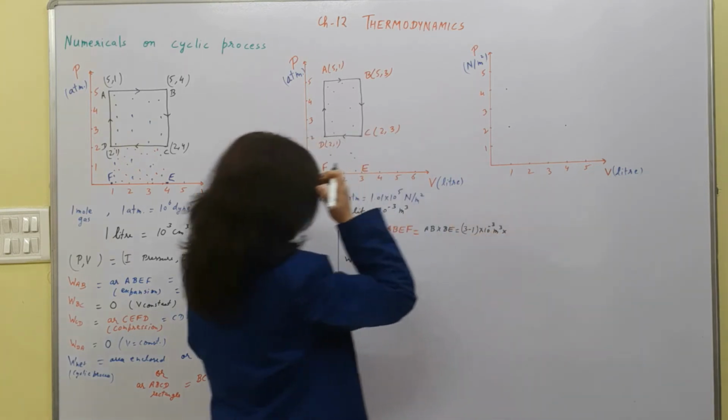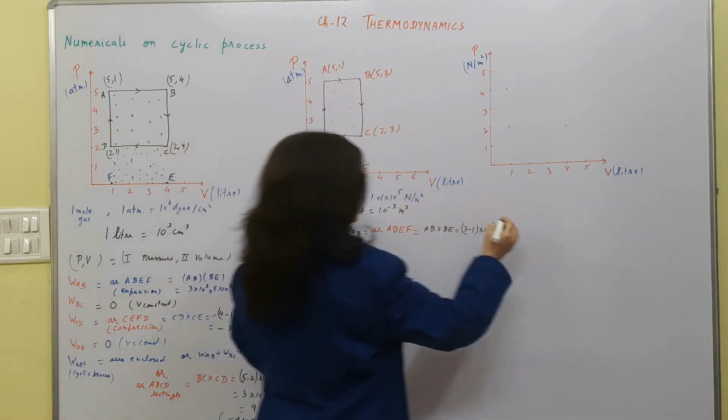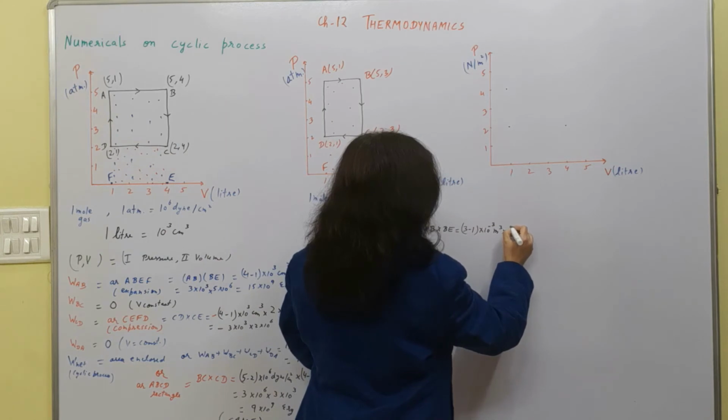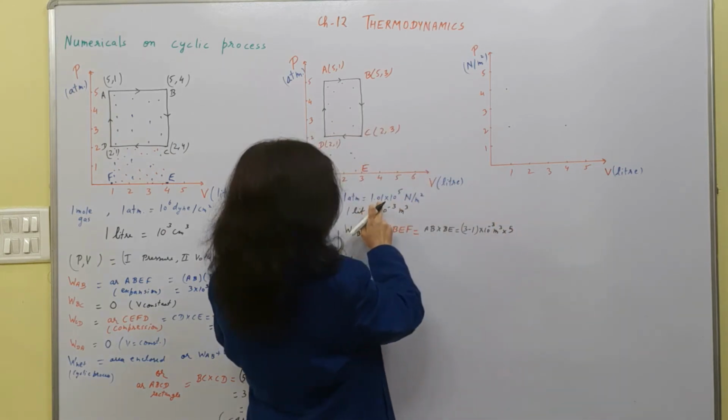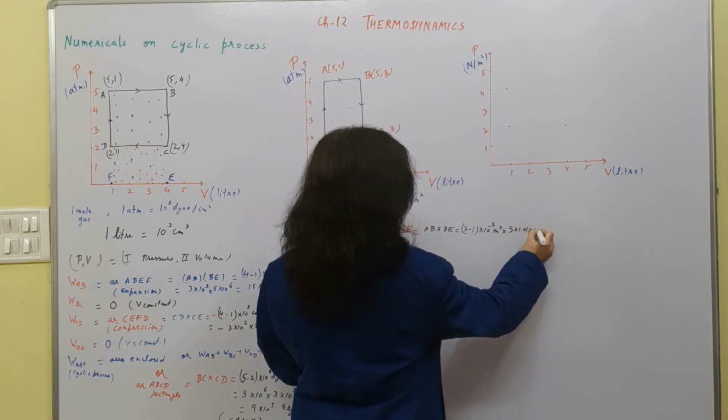Multiplied by what is BE? BE is pressure. So this is 5 atmospheres. So this is 5. 1 atmosphere is 1.01 into 10 to the power 5.